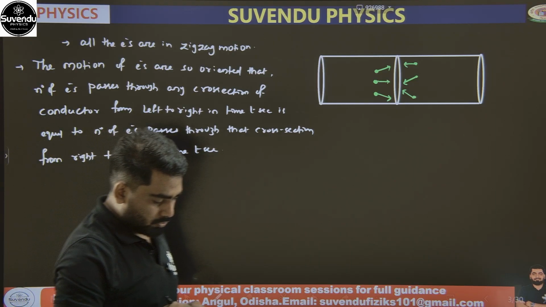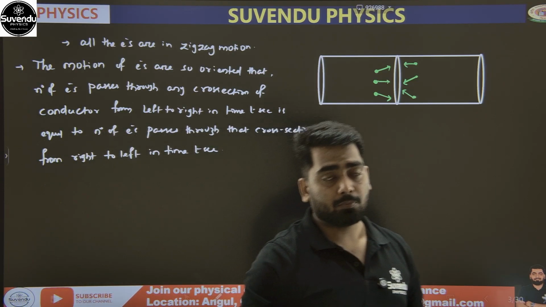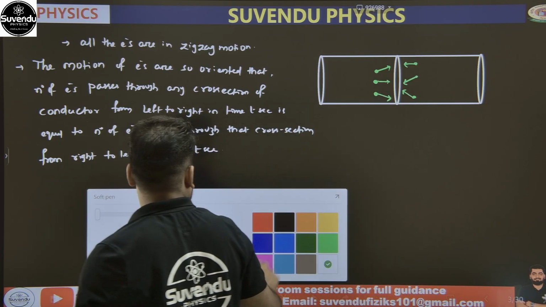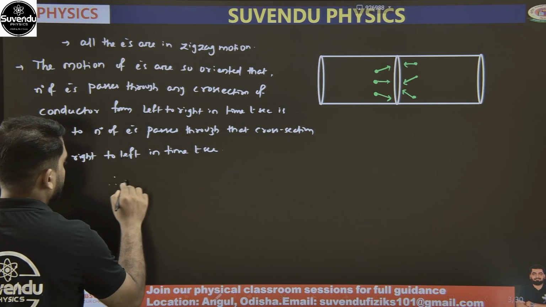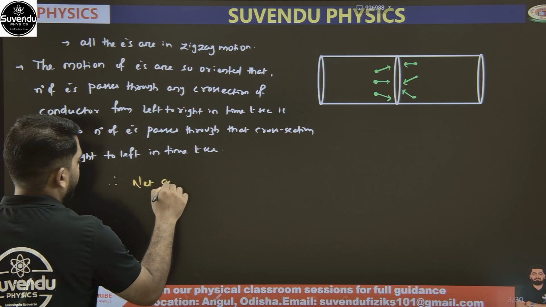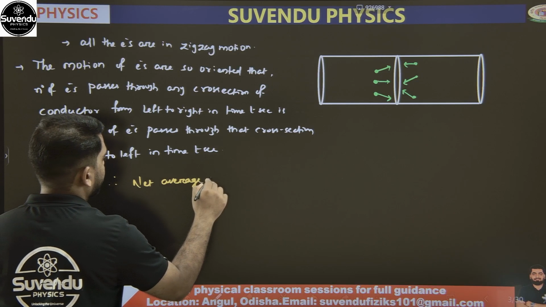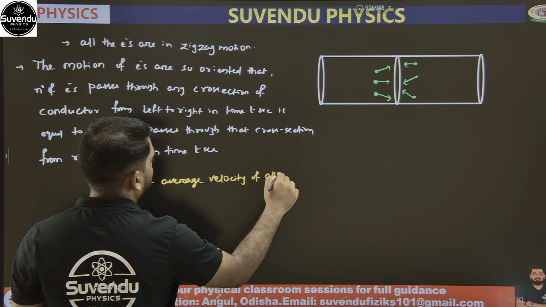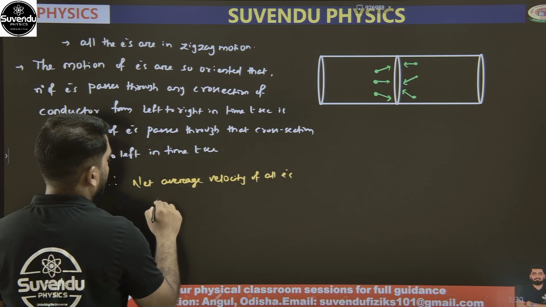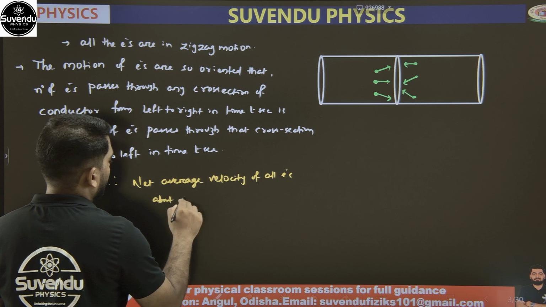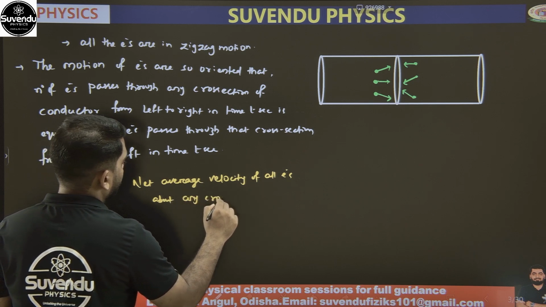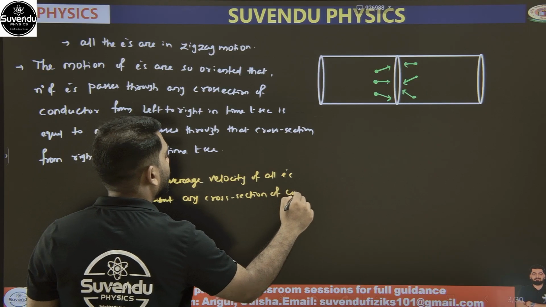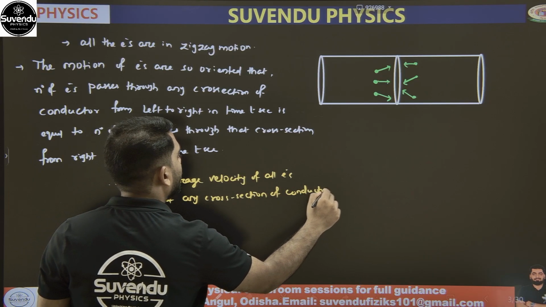So due to this, what is the net average velocity of all the electrons about this cross section? Thus the net average velocity of all the electrons about any cross section of the conductor is 0.